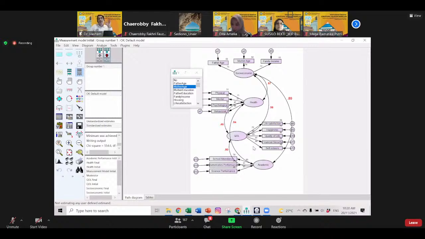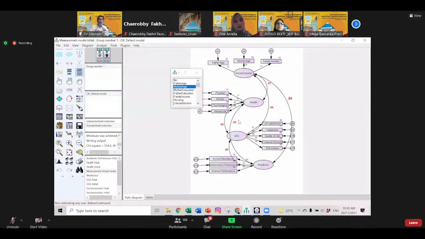Some theories, and even in some of my papers, I mentioned 0.85. If the correlation between every two latent variables is less than 0.85, we accept there is no multicollinearity among the latent variables. As you can see here, the highest one is health and academic performance at 0.84, which is less than 0.85, right? So multicollinearity does not happen in the measurement model. We finalize, everything's fine.